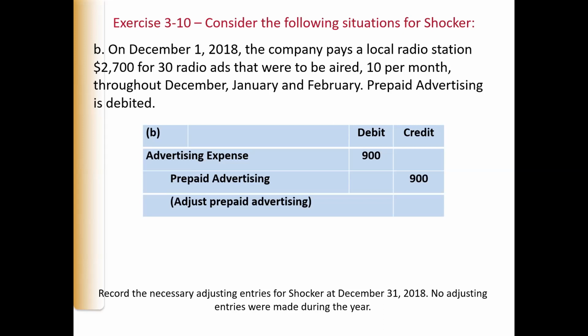You see what I'm saying? It's been used up. Therefore, we debit our advertising expense and we credit our prepaid advertising. Does that make sense, guys? Mm-hmm.